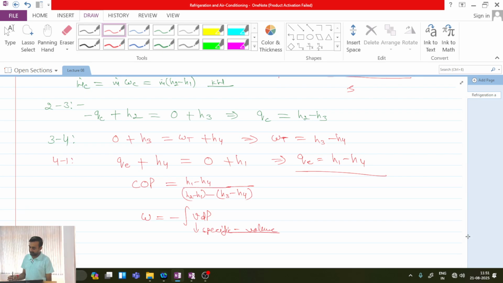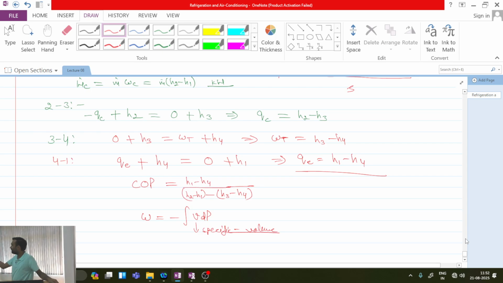In the turbine, what I am expanding over here? At point 3, substance is in which state? Liquid, saturated liquid state. Saturated liquid has very high amount of density and very low amount of specific volume. Specific volume is 1 by density. So liquid has almost, if you talk about water and its water vapor, then almost 1000 times higher density in comparison to vapor.